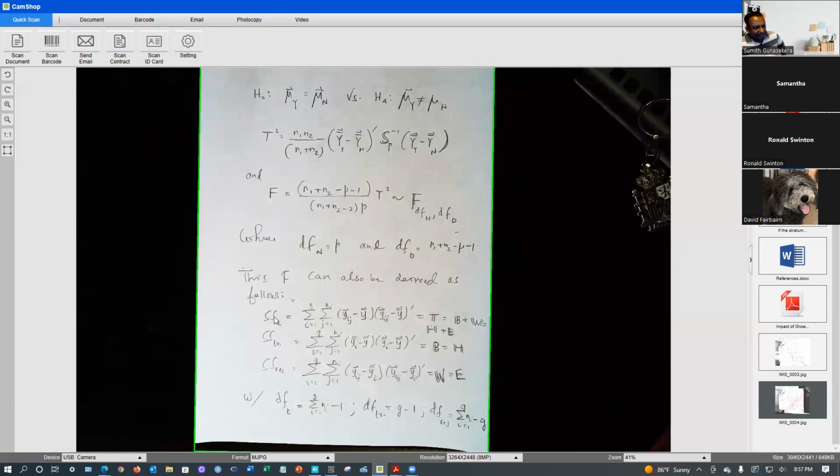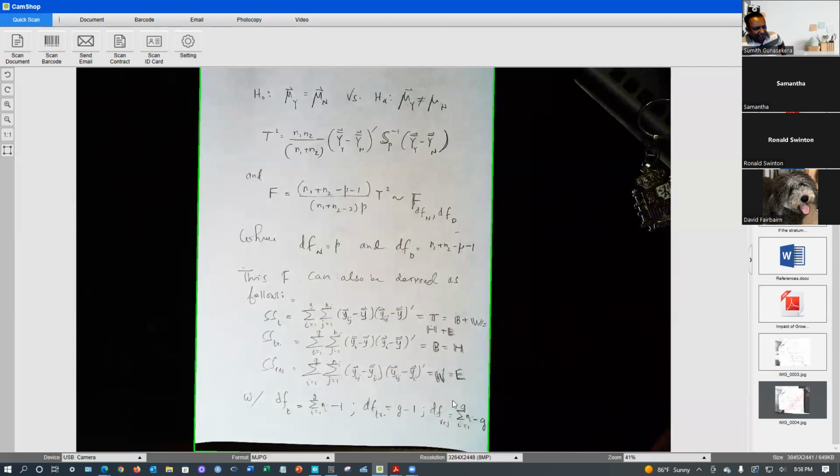With vectors, remember the total is the sum of B plus W, or H plus E. The sum of squares for treatment is called B or H, and the sum of squares for residual is called W or E. The degrees of freedom for the total is the summation of Ni, i from 1 to G, where G equals 2 groups here, and for treatment G minus 1.